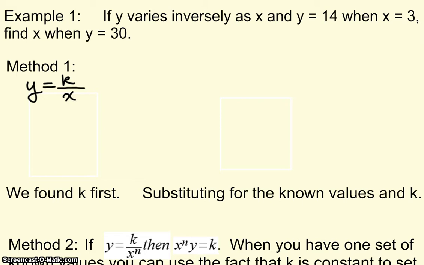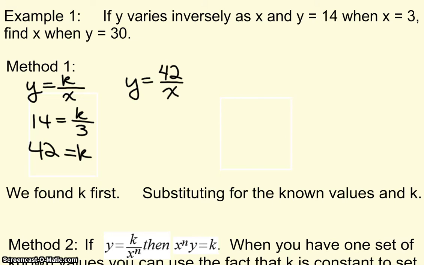Y equals k being y varies, and then the inversely means divided by, and x followed. So we have 14 equals k over 3. So in this case, k is going to equal 42. So now if we put that into our general equation, we get y equals 42 over x.